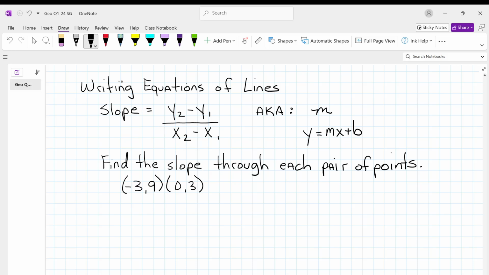What I would recommend that you do is to label your points, meaning this first point, the negative 3, 9, that's your x sub 1 and your y sub 1. And then your second point, the 0 is your x sub 2 and the 3 is your y sub 2.